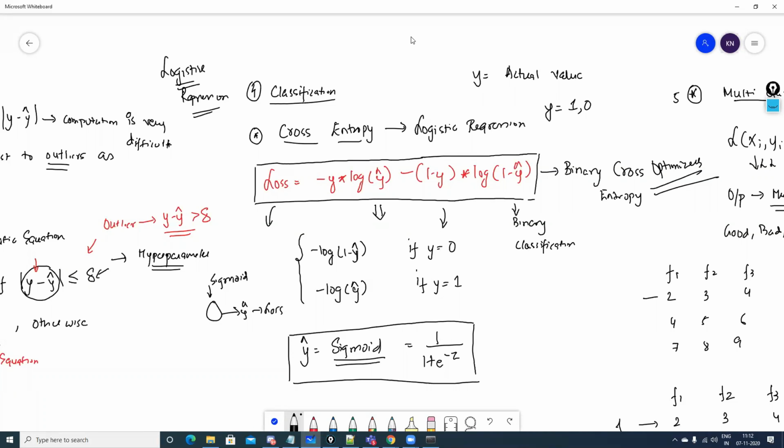I wanted to ask you about categorical cross entropy. Whether we are using one versus one classification or one versus all, if we talk about the interpretation, it is nothing but 1 versus all.